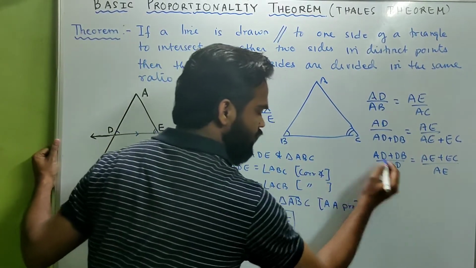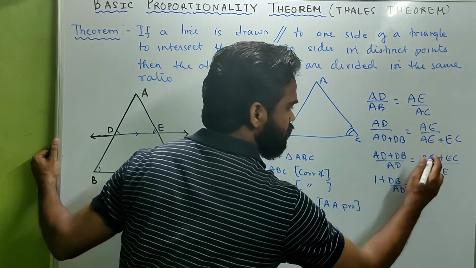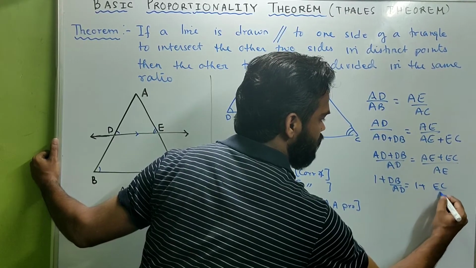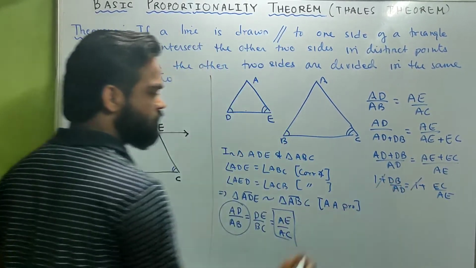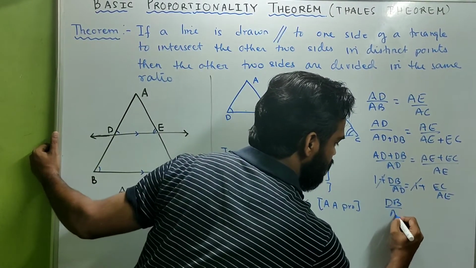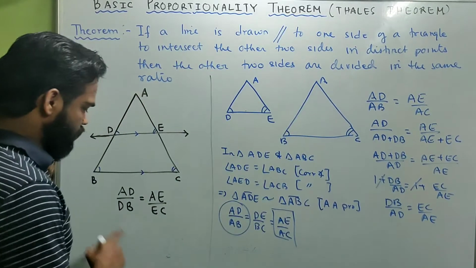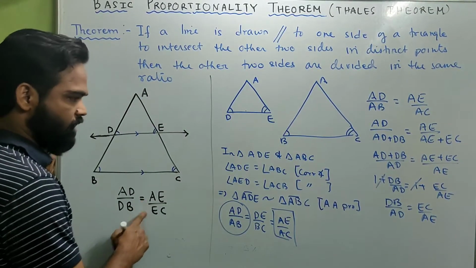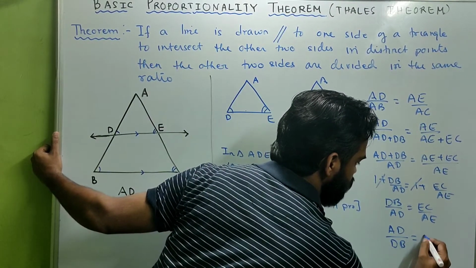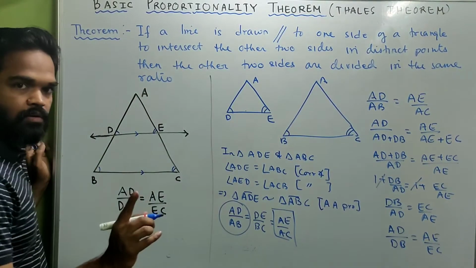Separate this. AD by AD will be 1, plus DB by AD is equal to AE by AE, again 1, plus EC by AE. The 1 cancels, which means DB by AD is equal to EC by AE. We needed to prove AD by DB and AE by EC. Just do the reciprocal. So we get AD by DB is equal to AE by EC. Proved. That's the theorem.